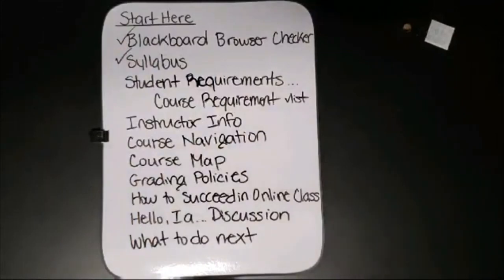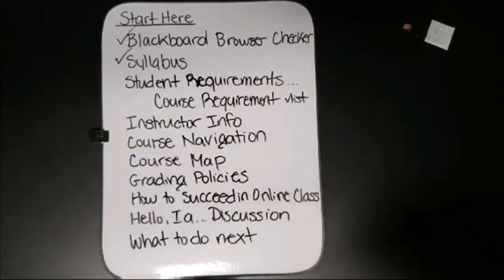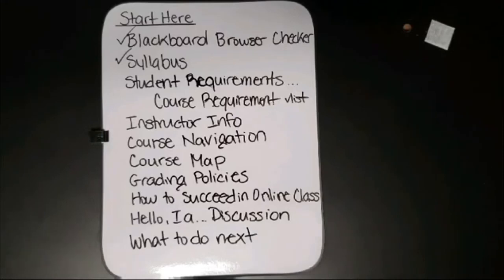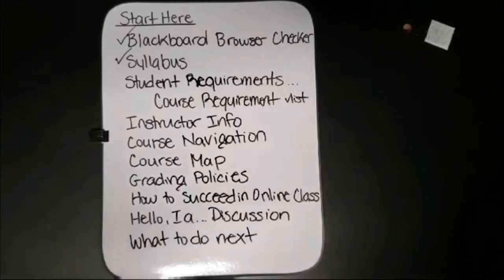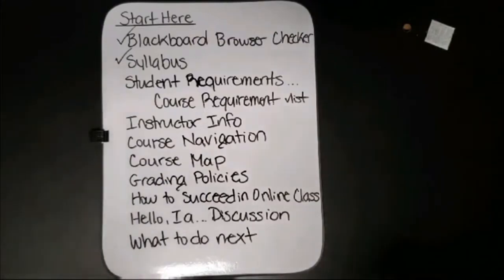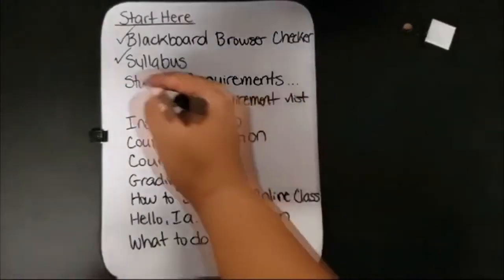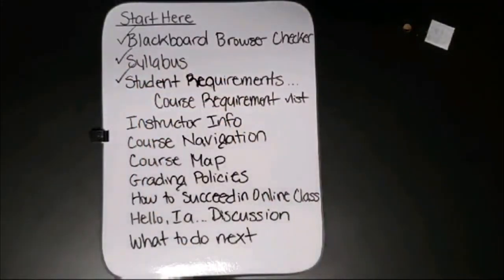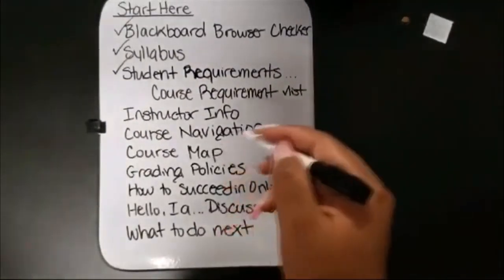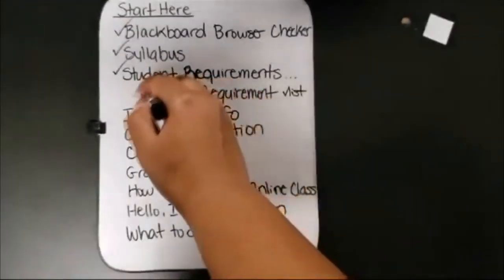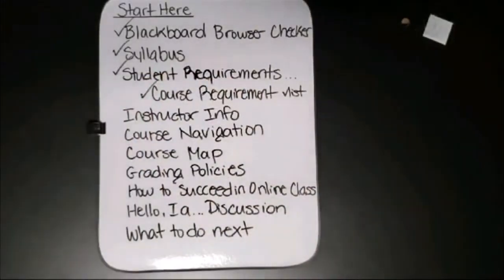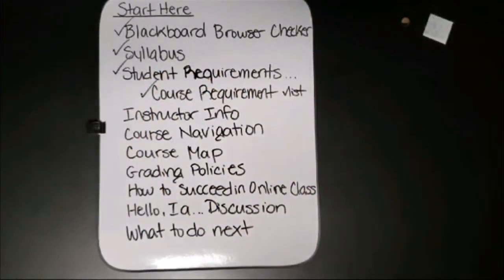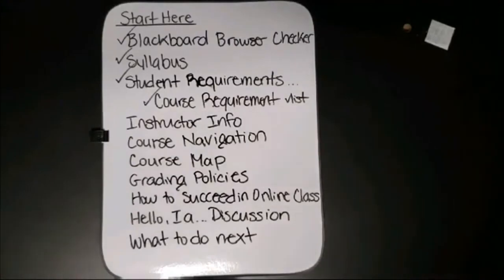The next thing you're going to see is the student requirements, and inside of this section, it is very important that you take and pass the course requirement checklist. There is some information for you to read in there, and then you need to take and pass the checklist. When you pass that, the actual course documents will be available.